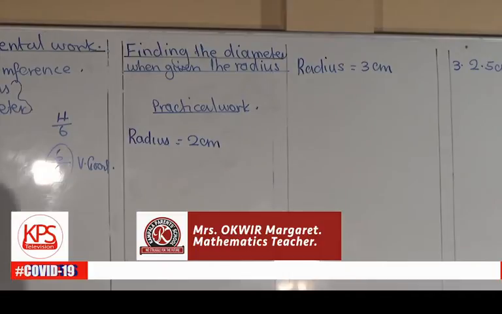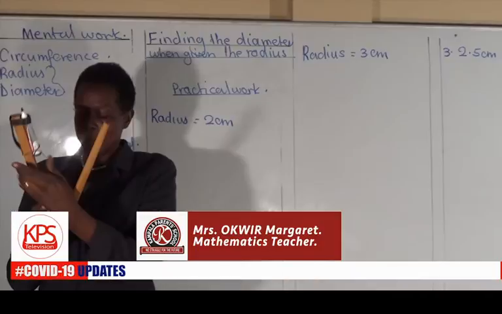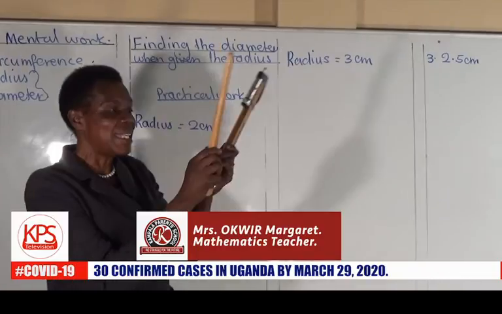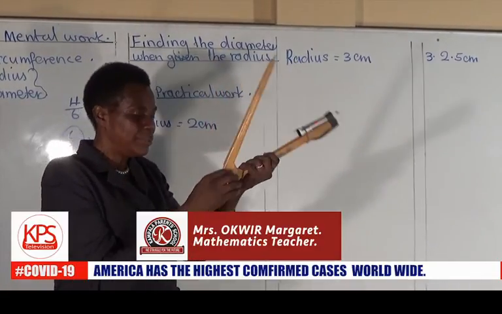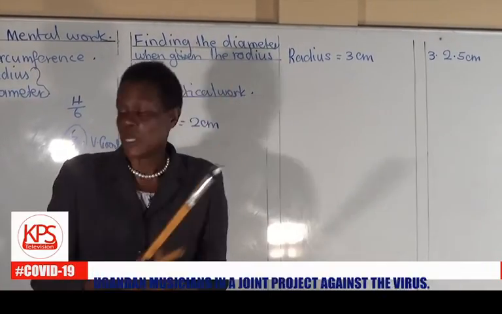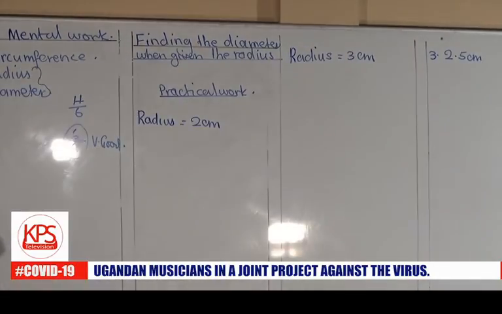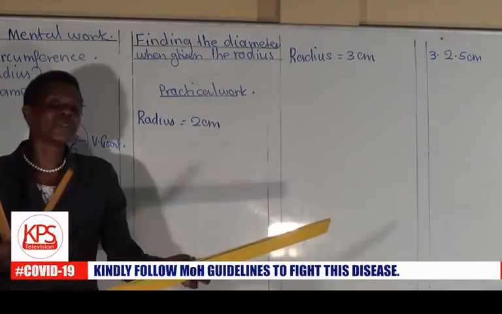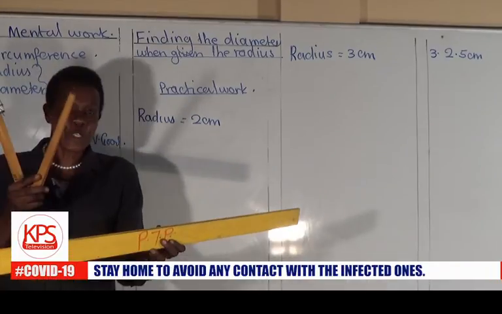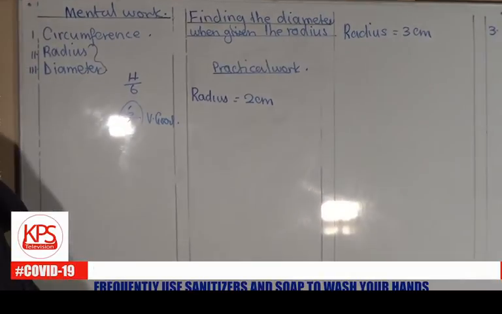Get your pair of compasses and your pencil. Make sure that you have tried it and it is firm. So I'm going to get the radius from my ruler. Get 2 centimeters from the ruler.